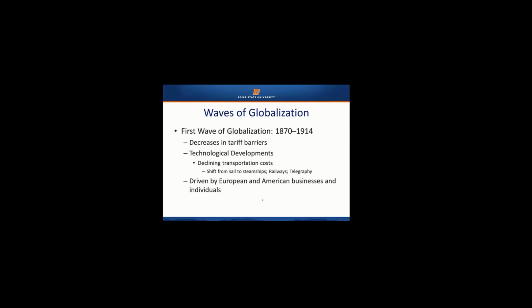As the book talked about, the first wave of globalization, I'm just going to call it, was from 1870 to the start of the First World War. We had lowering of trade barriers, and technological developments that we talked about before in the intro, dramatically reducing transportation costs. We mentioned the change in shipping from sailboats to steamships, dramatically reducing the time to go across oceans and increasing reliability.